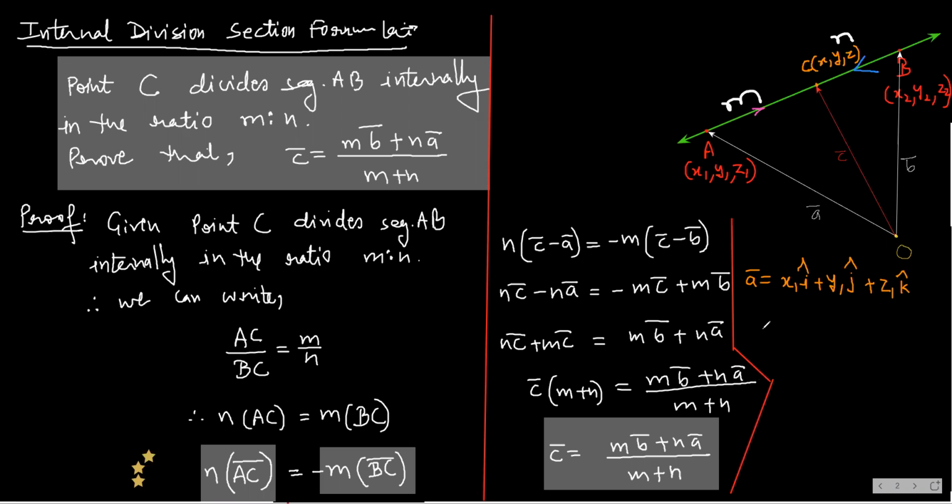B bar will be x2 i cap plus y2 j cap plus z2 k cap, and C bar will be x i cap plus y j cap plus z k cap.